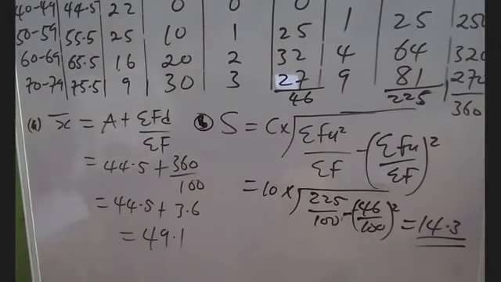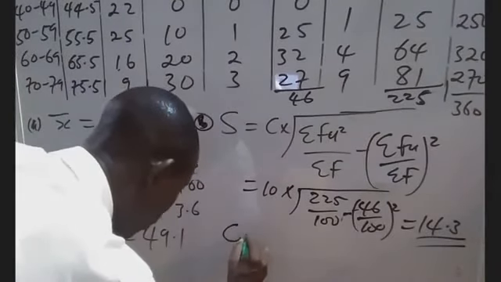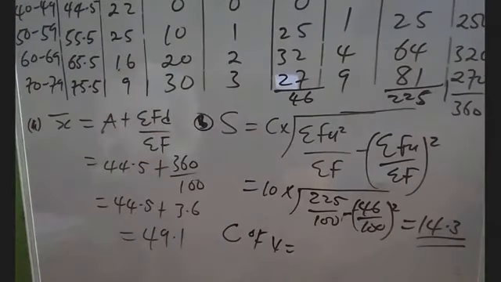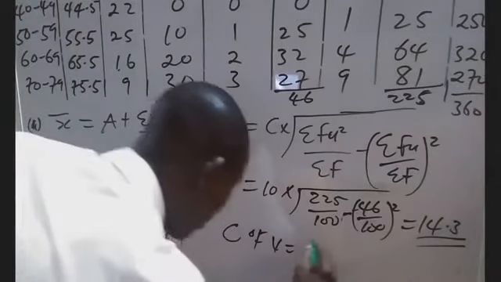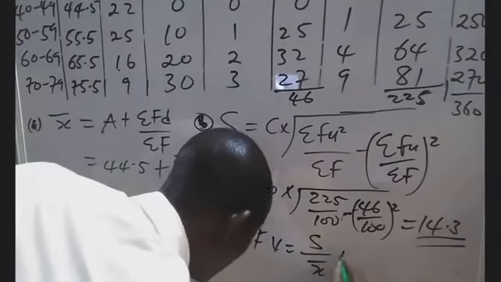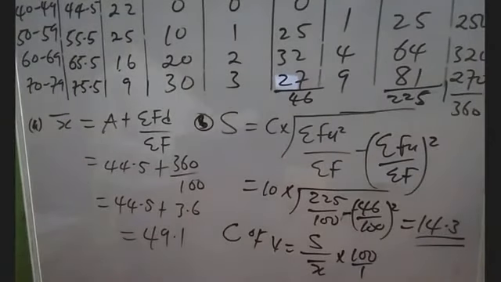We are asked to determine the coefficient of variation. The coefficient of variation is given as standard deviation over x bar times 100 over 1.